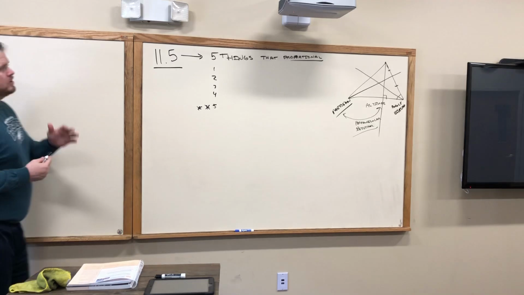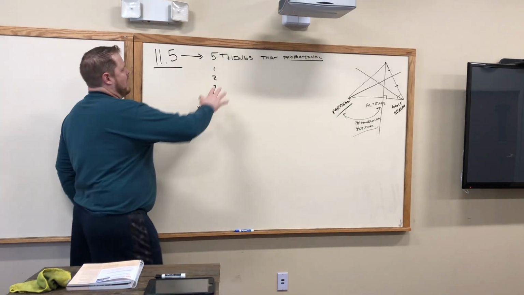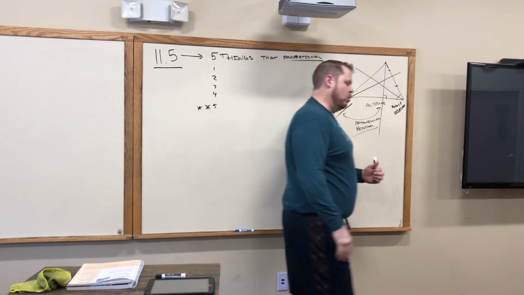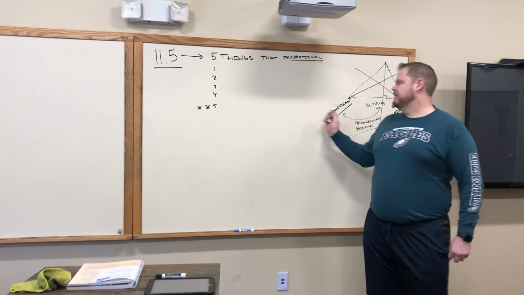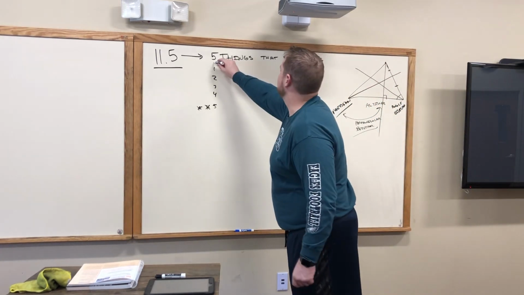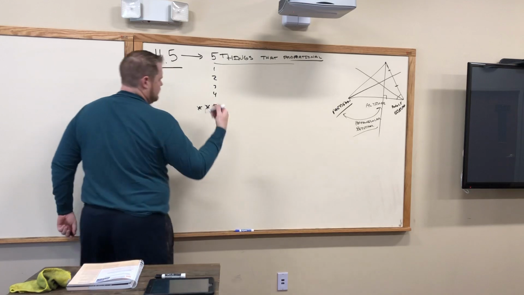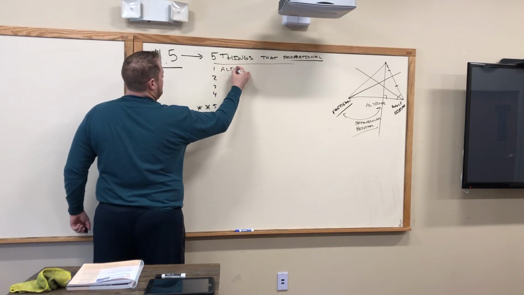So, let's talk about proportionality. When we have triangles that are proportional, and we look at them, what are some things that are proportional? The first four are going to be very generic and straightforward. If the sides are proportional, then these things are proportional. The first one is an altitude.